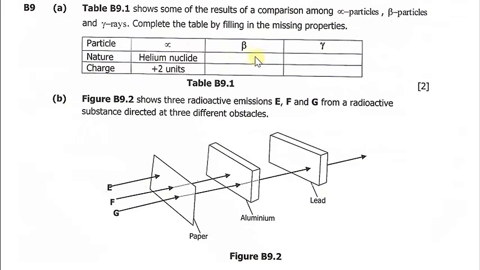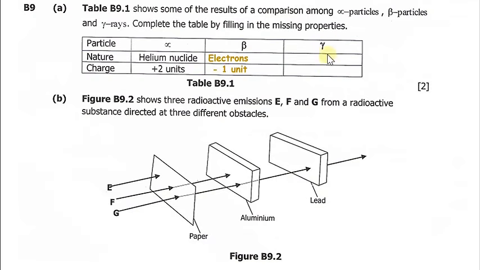If we come to beta, we have to put ourselves here, and here gamma, we put ourselves. So in terms of nature, beta are just electrons. Okay. Then in terms of charge, beta have got a negative charge, -1 unit.